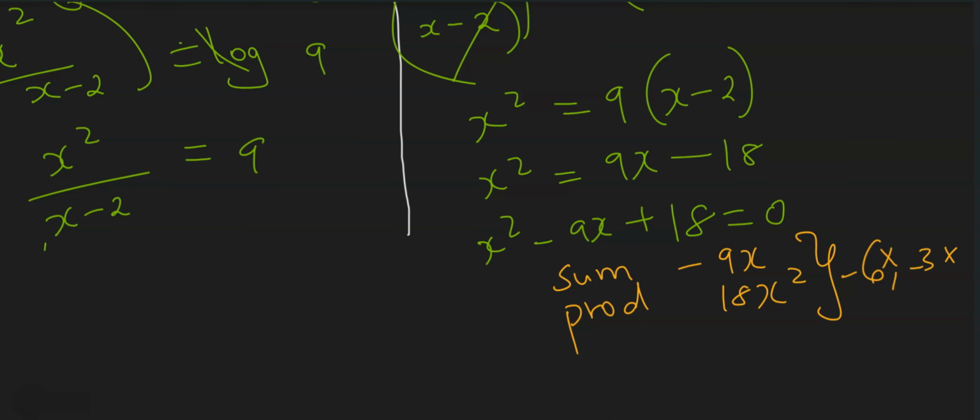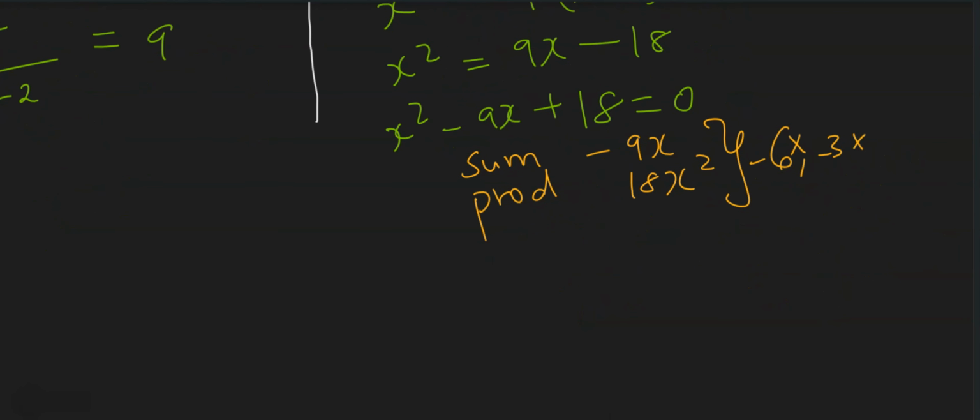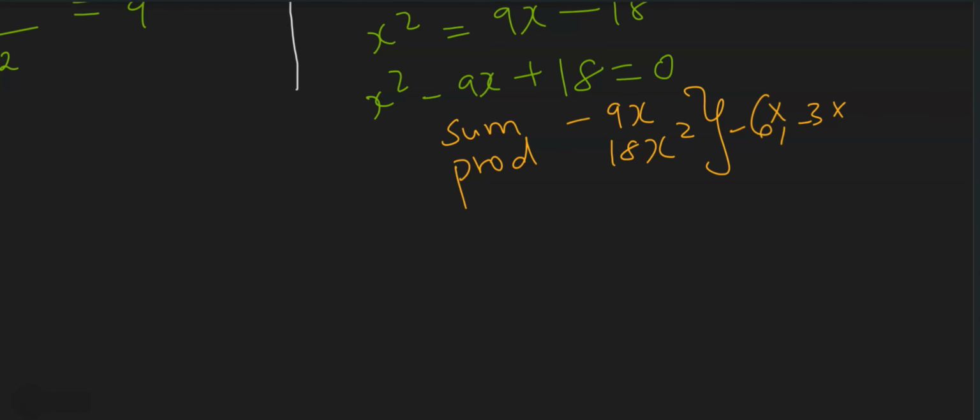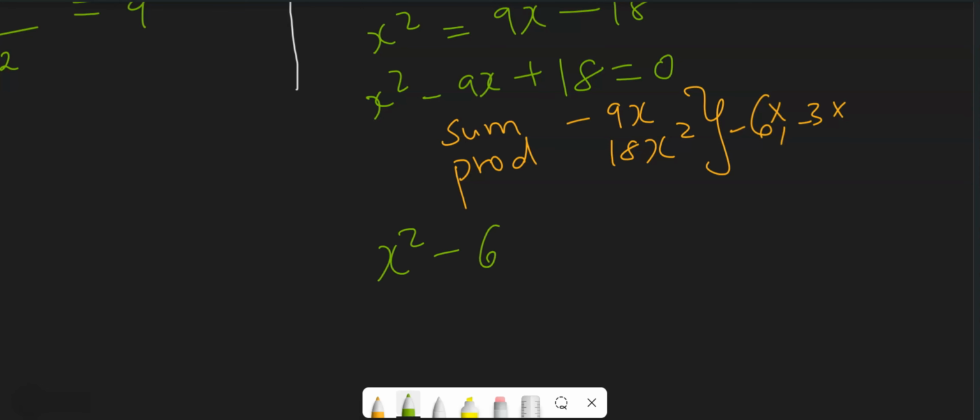So now we proceed. Let's replace that back into the equation: x squared minus 6x minus 3x plus 18 equals 0.